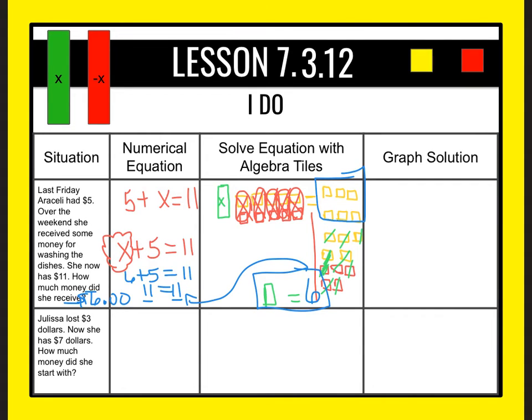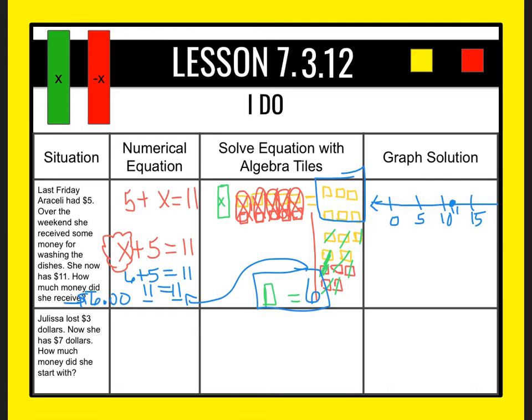So now we're going to take an opportunity and just graph this on a number line. So remember to always place 0. And where does 11 fall? It falls to the right of 0, right? So I'm just going to skip count by 5s, 10, and 15. And I know 11 would be closer to 10.